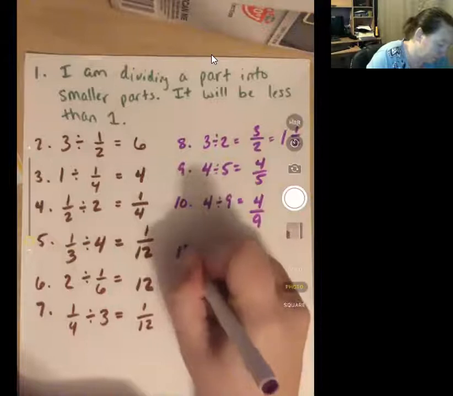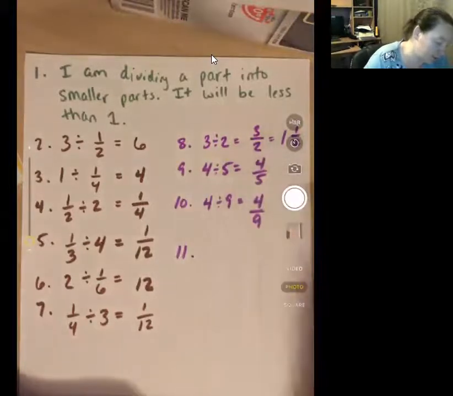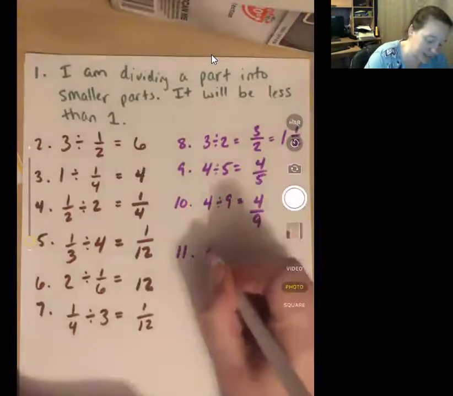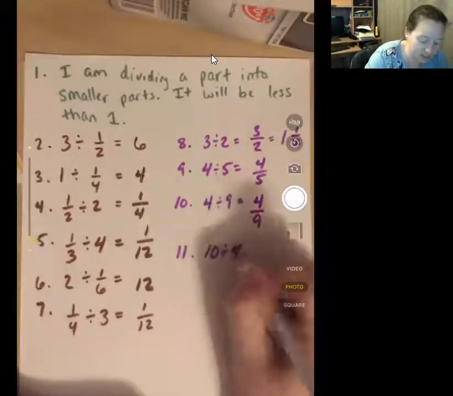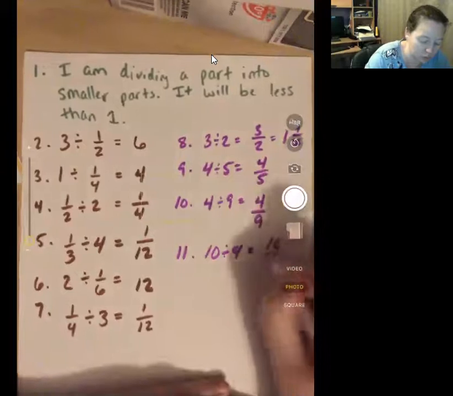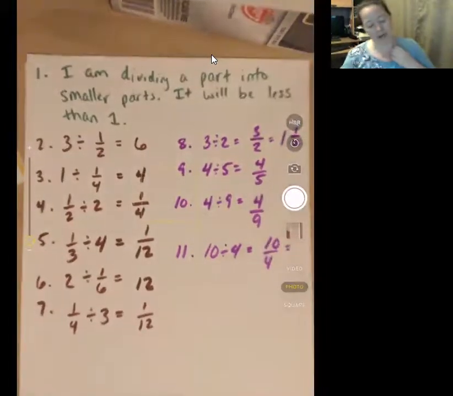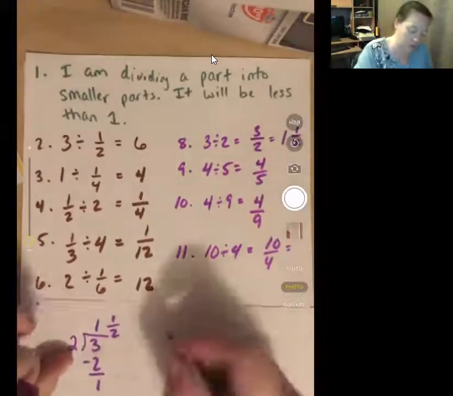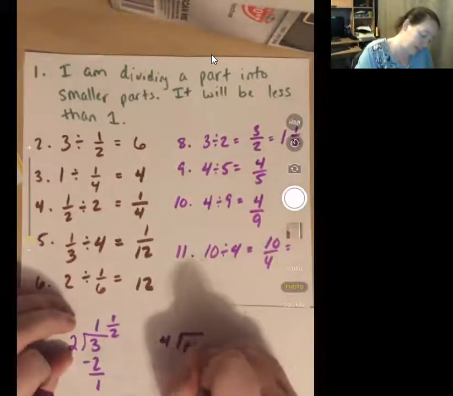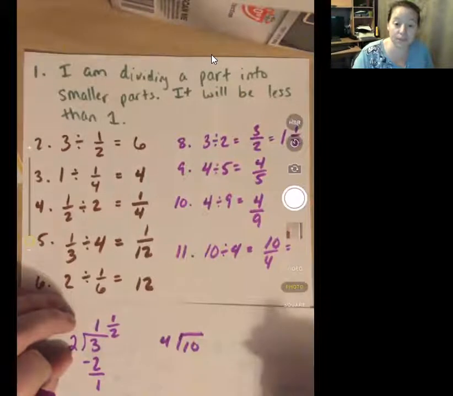Number 11. 4 friends share 10 fruit bars equally. How many fruit bars does each friend get? 10 divided by 4 is equal to 10 over 4. That is an improper fraction, so we need to figure that one out. 4 goes into 10 how many times?